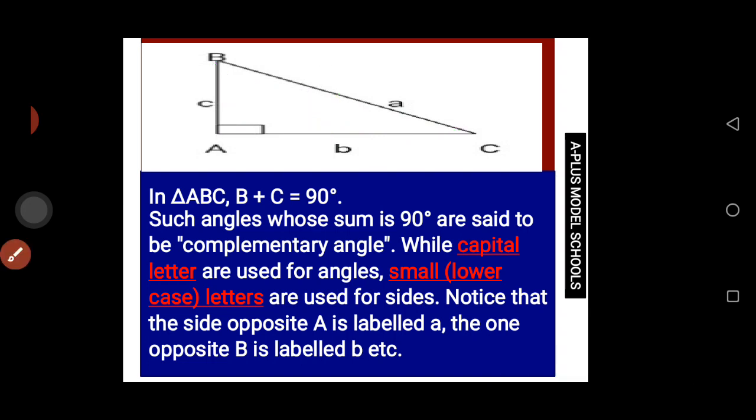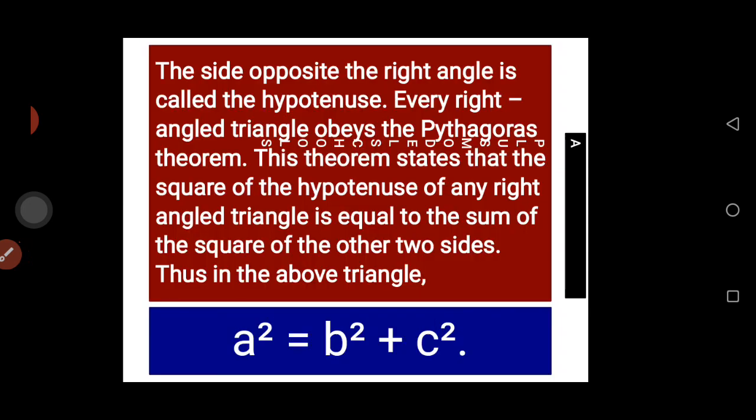So we can say that small letter a is the opposite side to the right angle. And this side a is called the hypotenuse because it's the side facing the right angle. So any side that is facing the right angle is referred to as the hypotenuse.